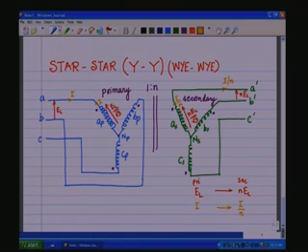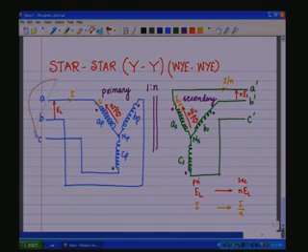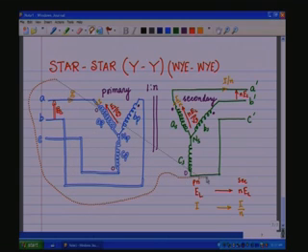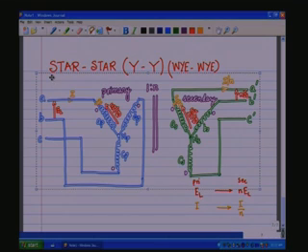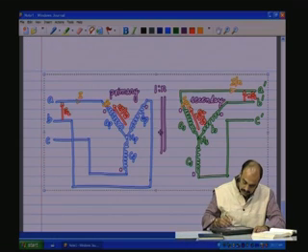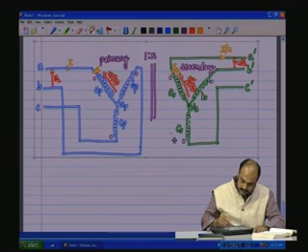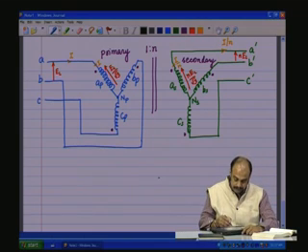Now, what about the phasor relationships? So, the phasor diagram for the star-star is like this. Let us first copy, go to the next page, and paste that. Let me start with the secondary side.